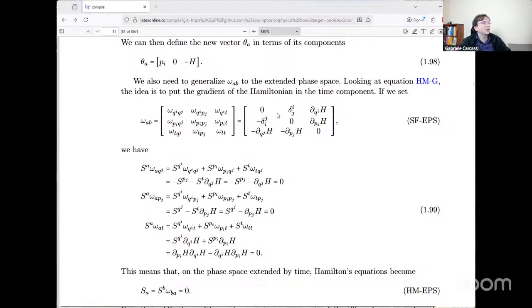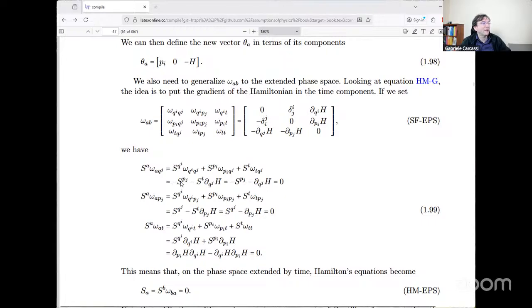And then we just go and find the elements here. So Q_I is 0, so this term goes away. The P_I, Q_J is this one, P and Q, and so you get minus the Kronecker delta.